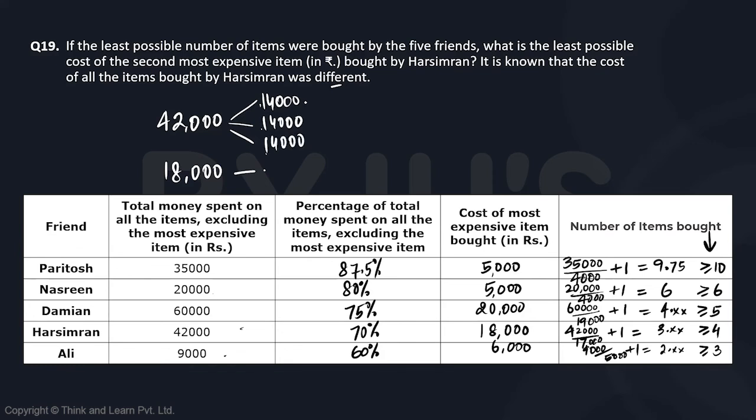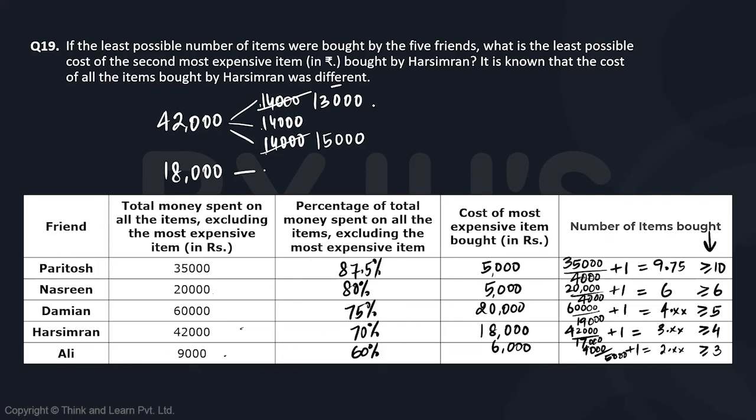Now they can't be the same values, and they should always differ by 1,000. So let's reduce one by 1,000 rupees and increase the other by 1,000 rupees. So 13,000, 14,000, and 15,000, these are the costs of the 3 items, such that the sum is 42,000.